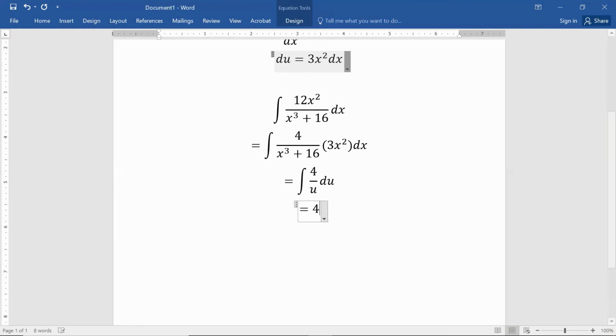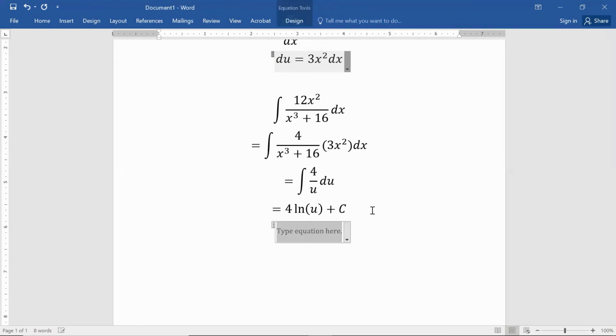So this would be 4 times the natural log of u plus a constant. Again, I'm putting parentheses around the u. That's what you should do in Moodle as well. But sometimes you'll see people write absolute values around this u.